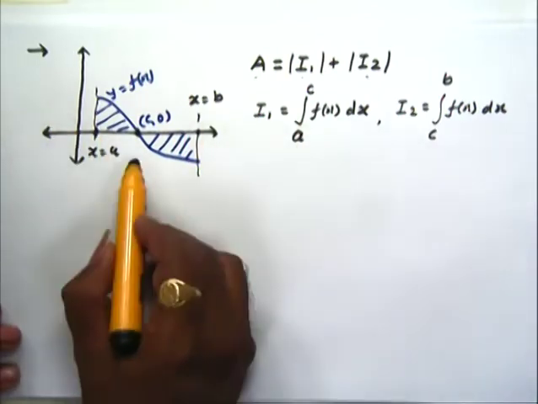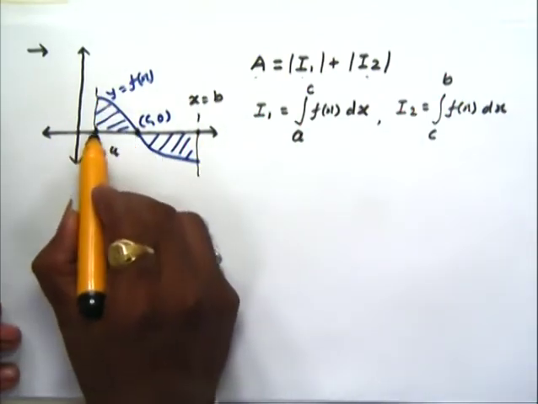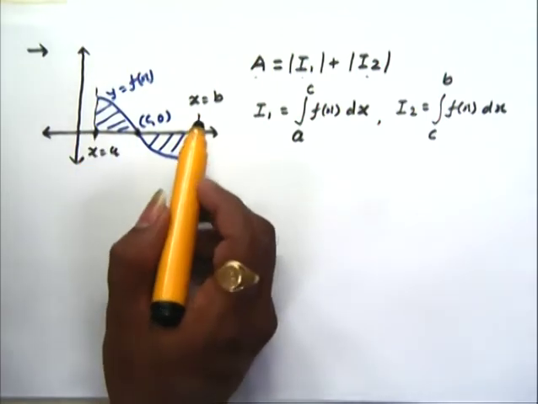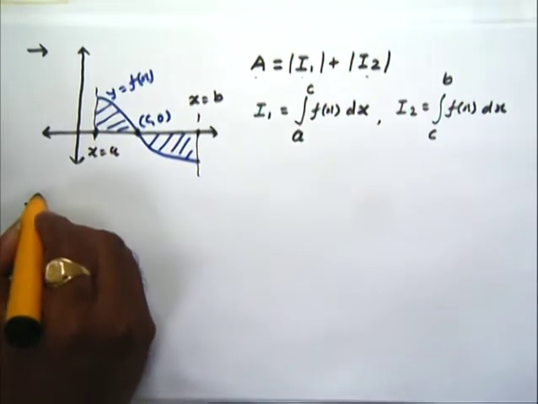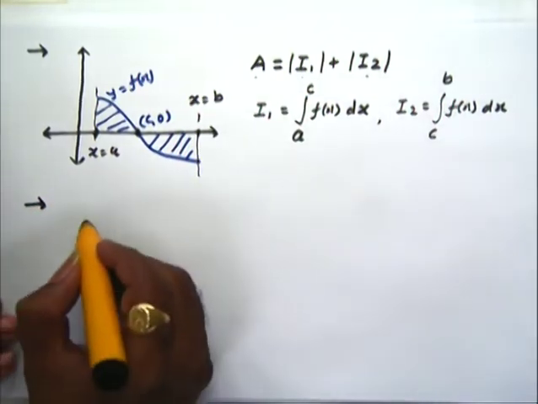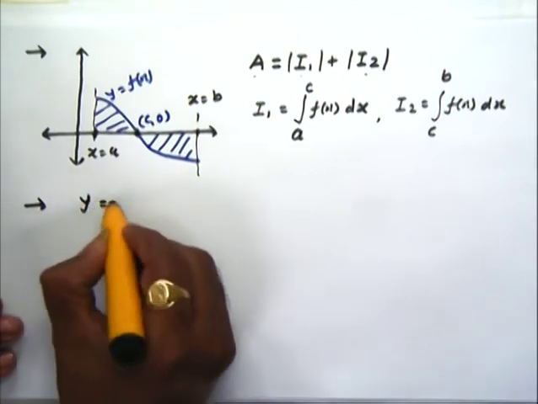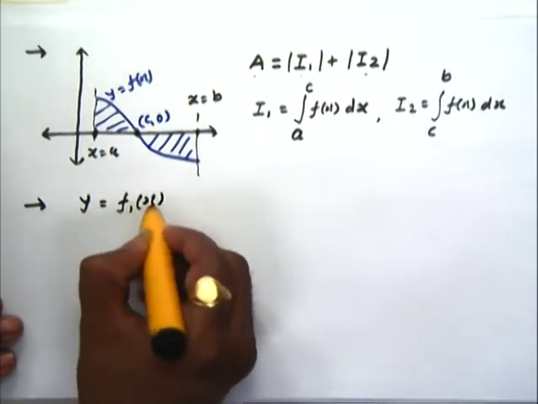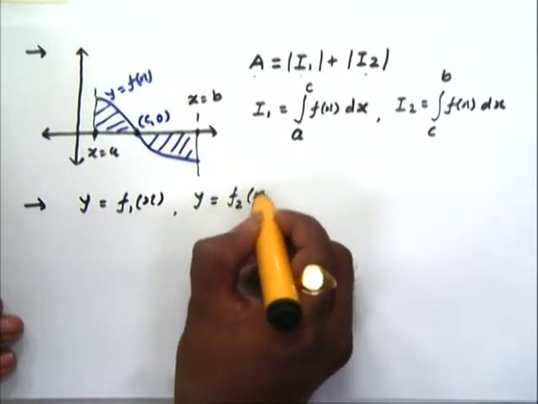So this is the second case where the function intersect x-axis between x equal to a and x equal to b. Now the third case. Suppose we want to find the area between two curves, y equal to f1(x) and y equal to f2(x).